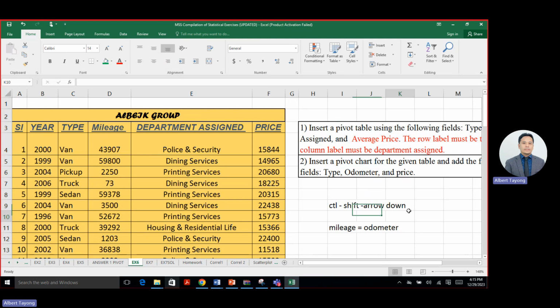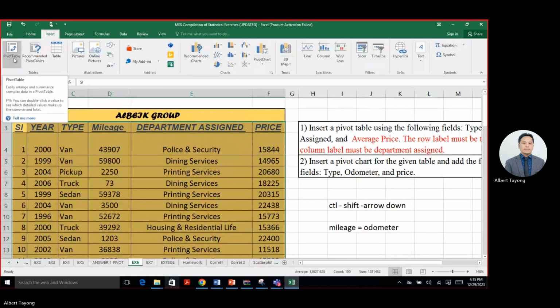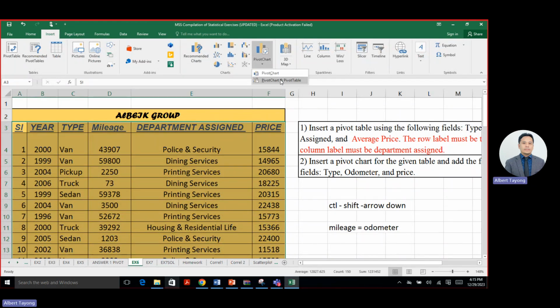So again, for a pivot chart or pivot table, you have to select the whole table. Select the first row, then Control Shift, arrow down to select the whole table. Insert. The pivot chart is in the middle, not here. The one on the left is the pivot table only. The pivot chart is here, open the second one.